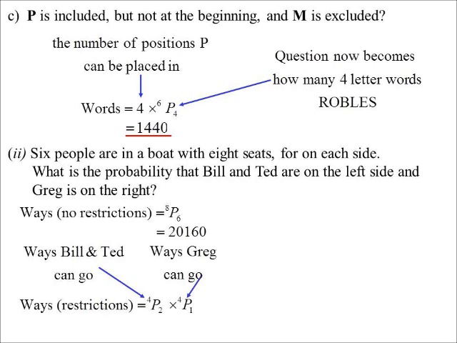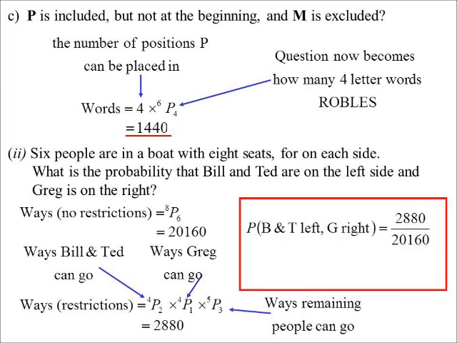And then, of course, the other people, how many have we got left? 3 people are just looking at them going, what does it matter? We'll go anywhere. And so now they can go in the 5 remaining seats. There's 3 that they can choose from. And we end up with, when we put that all together, 2,880. So our probability becomes 2,880 over 20,160, which simplifies down to be 1 in 7.